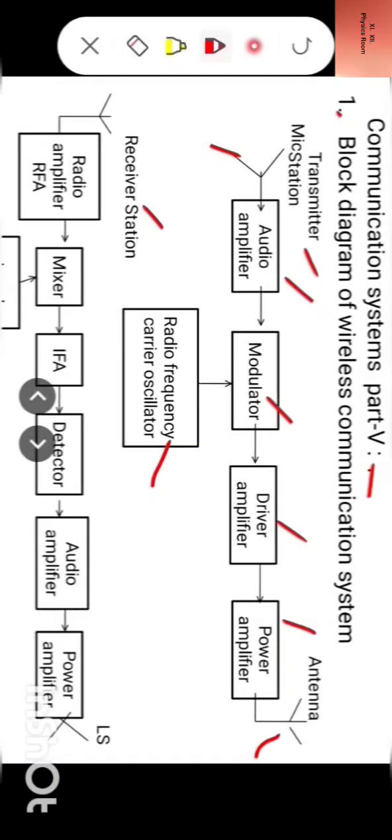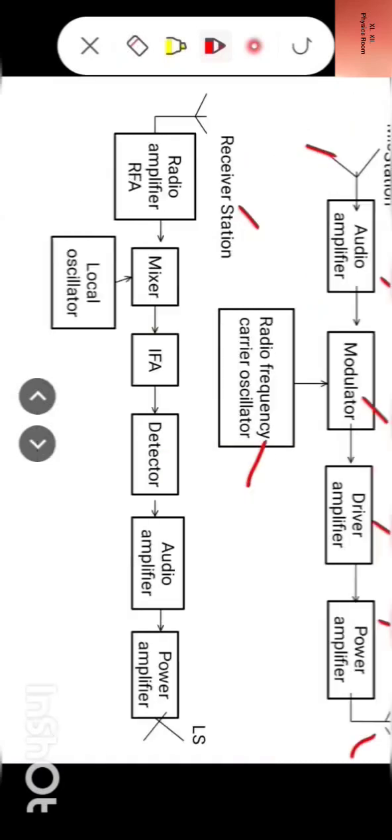Okay, so this way the signal is transmitted after mounting over the carrier through antenna, that is unguided medium channel. Now it goes to receiver. Here we have receiver station.